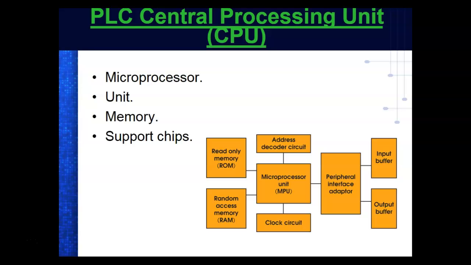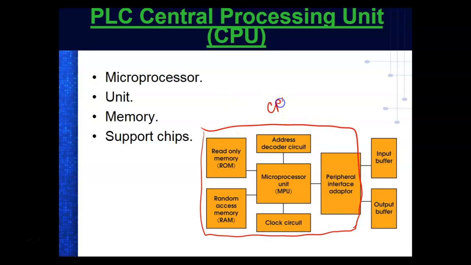What we do on the PLC, though, is all of this is considered to be what we refer to as the CPU. So that's kind of different. So all your input ports, all your output ports, all this that makes up, so this is the actual ports here. So the ports are actually outside of what we call the CPU.